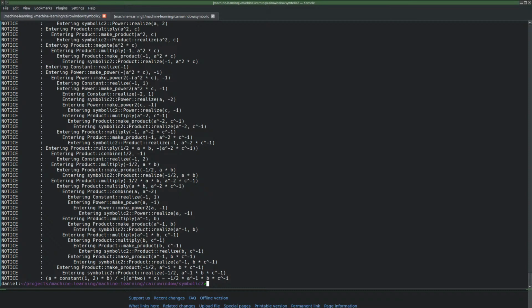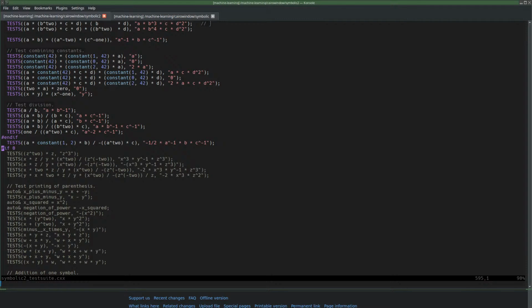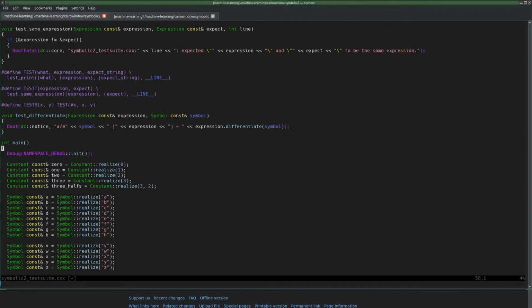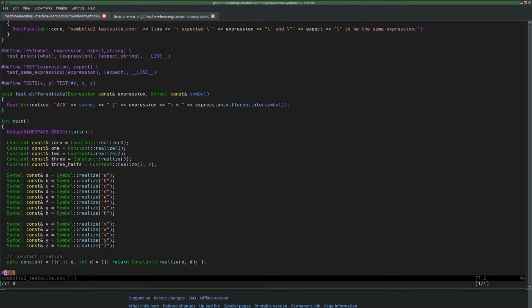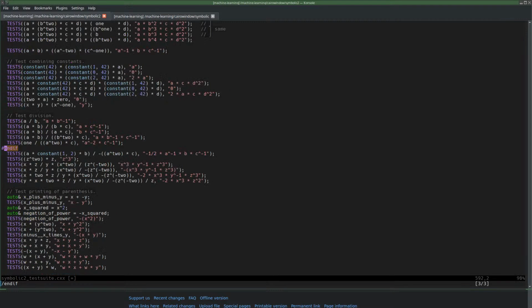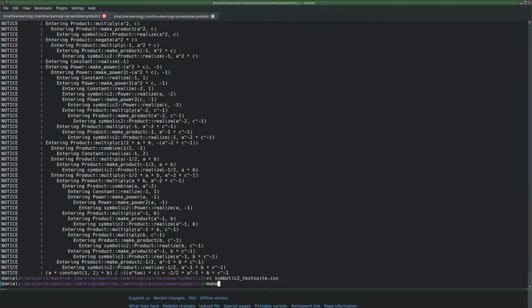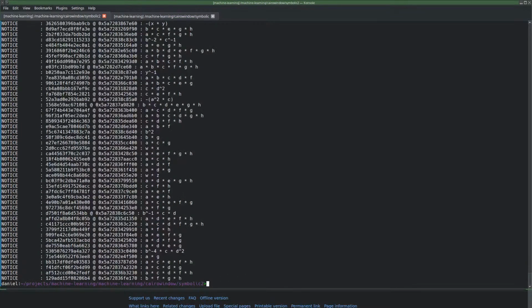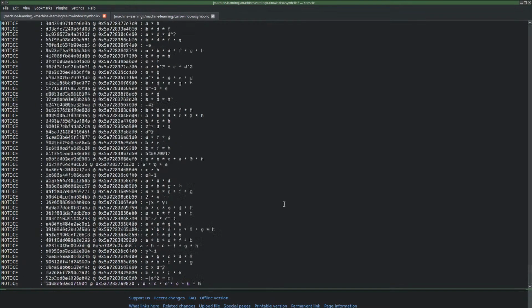And way too much output. Everything works.